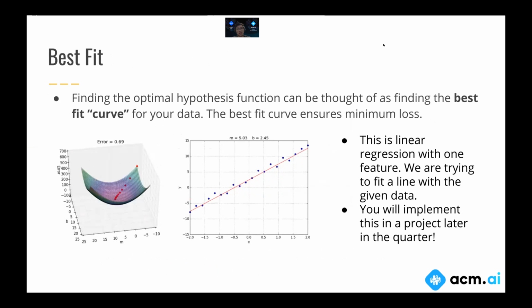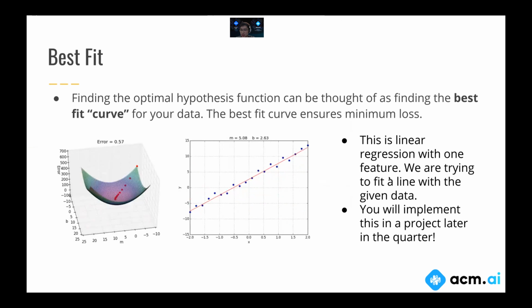All right, so what linear regression does is it finds the optimal hypothesis, which can be thought of as finding the best fit curve. The best fit curve ensures minimum loss. Hopefully most of you have some experience dealing with this in 2 dimensions, but if not, you can refer to this GIF here.